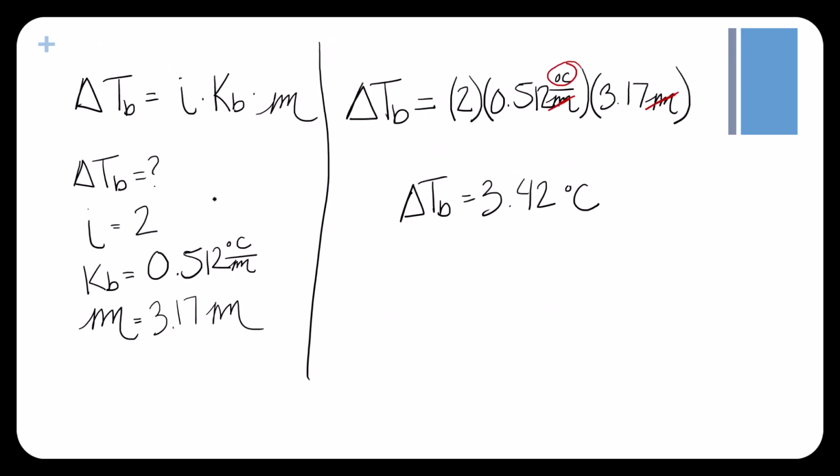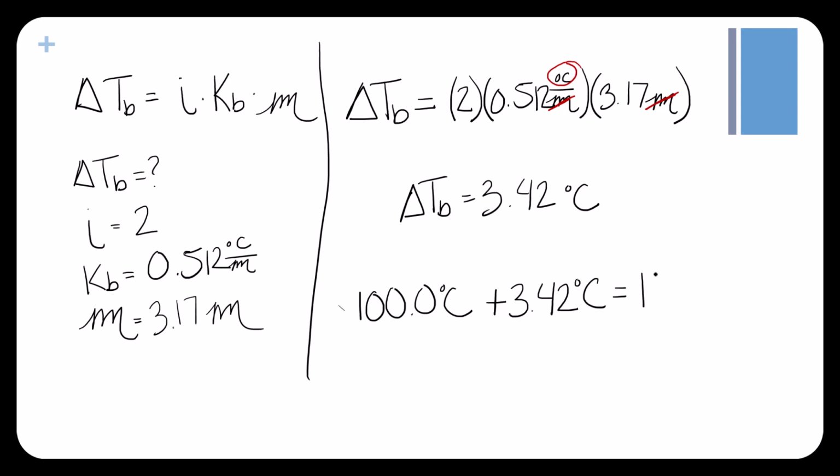The boiling point is going to be a higher value. So to get all of the points for this problem, you would need to take that 100 degrees Celsius, which was the original boiling point, plus the change in temperature, which is 3.42 degrees Celsius.